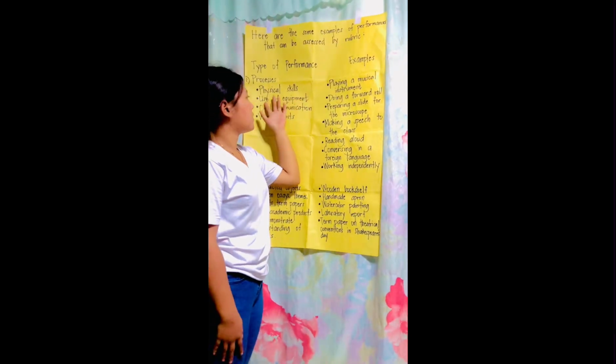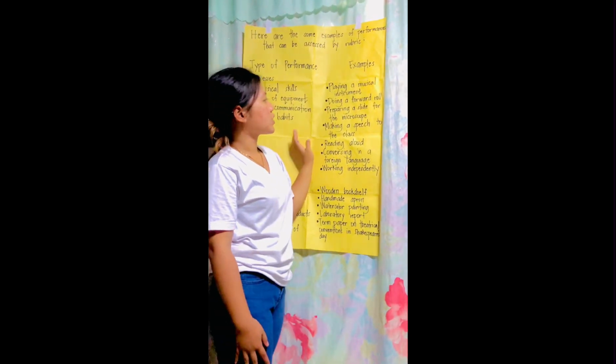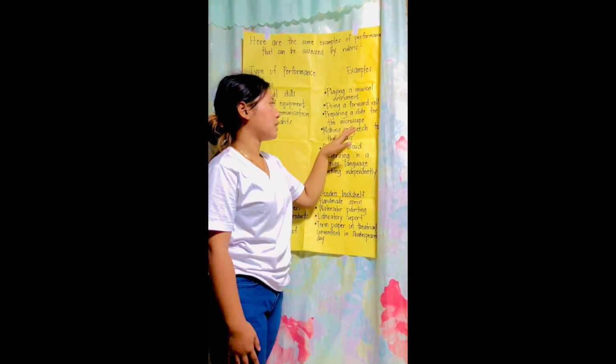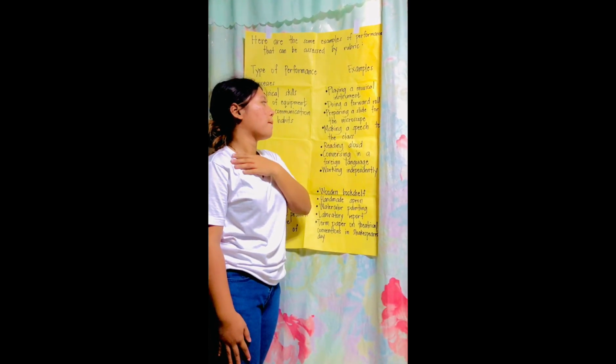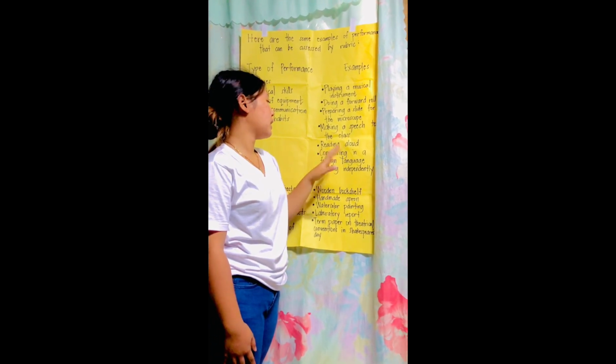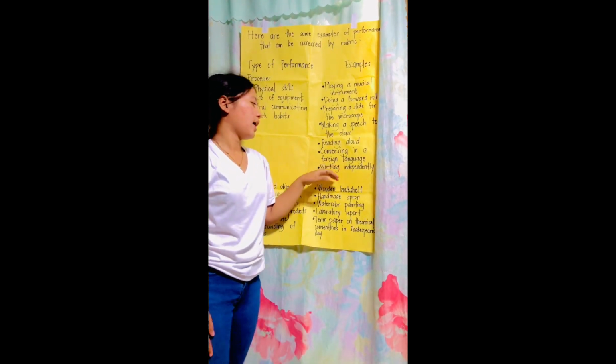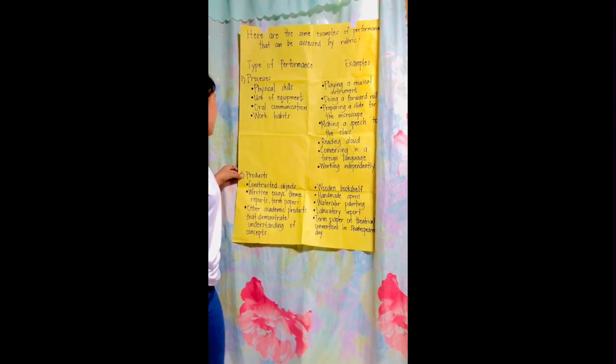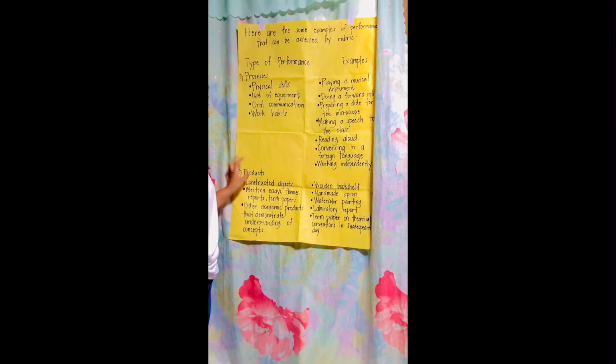Examples of this are playing a musical instrument, doing a forward roll, preparing a slide for the microscope, making a speech to the class, reading aloud, conversing in a foreign language, and working independently.